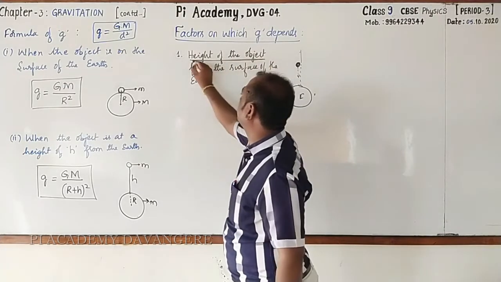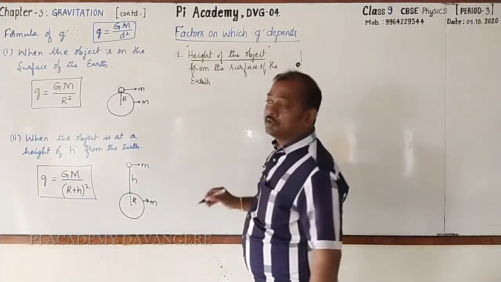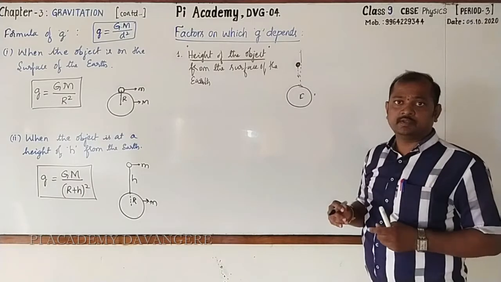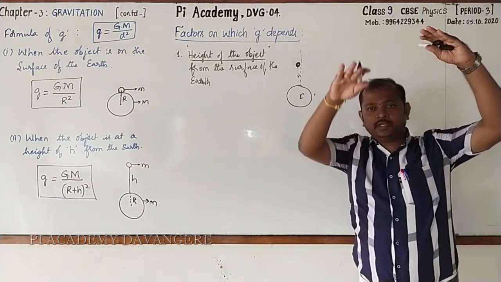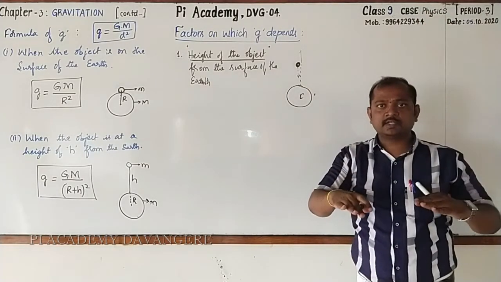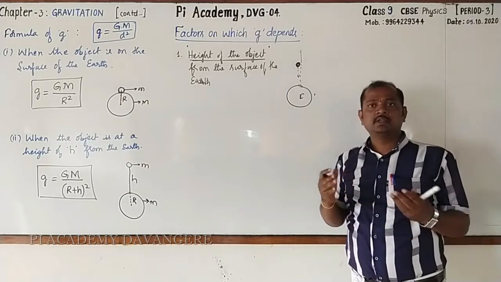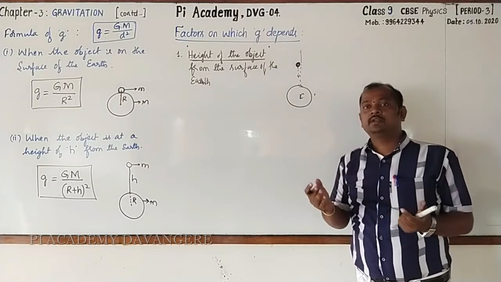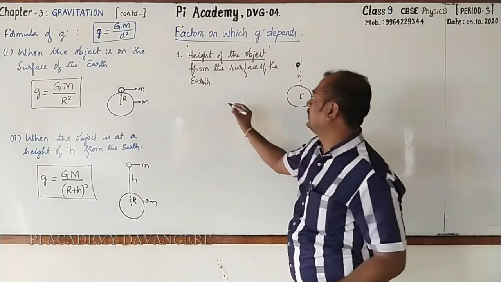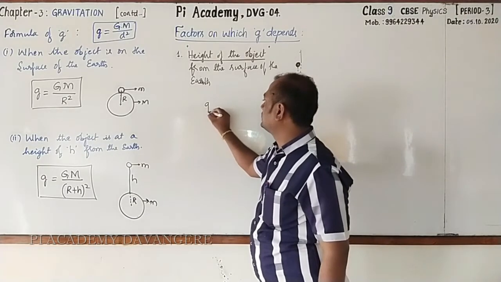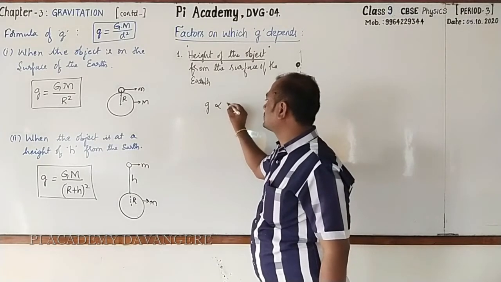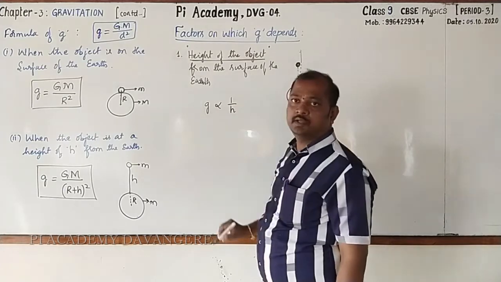Height of the object. Then how, directly or inversely? As height increases, G decreases. As height decreases, G increases. Therefore, they are inversely proportional to each other. I write this as G is inversely proportional to 1 by h.